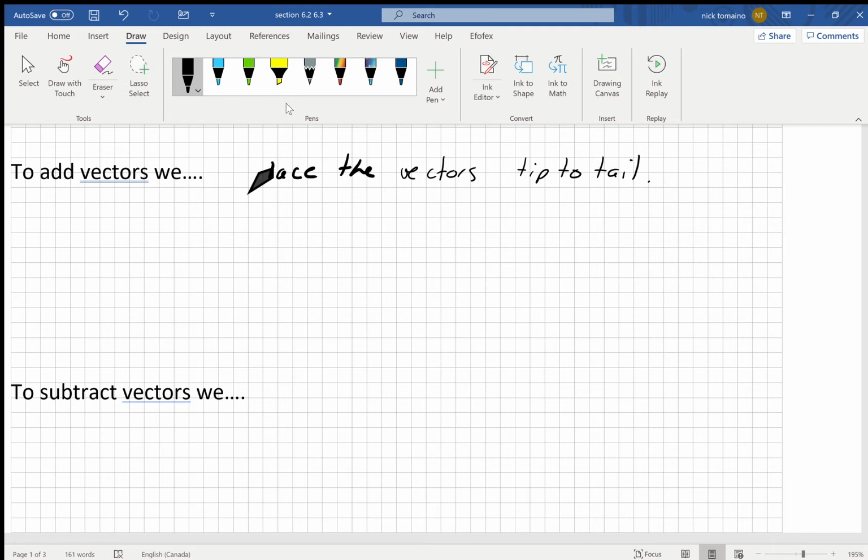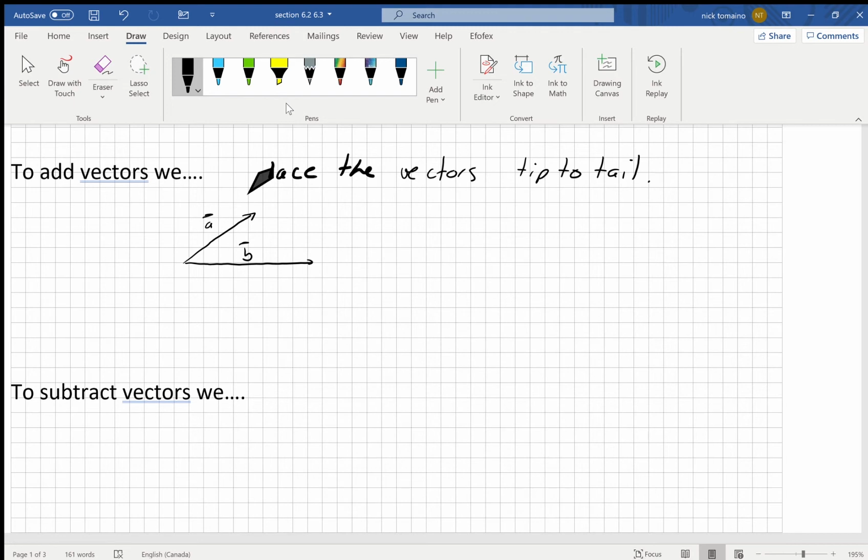For example, oftentimes in a diagram you're given vectors that look like this. Maybe that'll be vector A, and that'll be vector B. Right now they are tail to tail. That's not how we add them. What we do is take one of them, it doesn't matter which one, and slide it so that they are tip to tail.